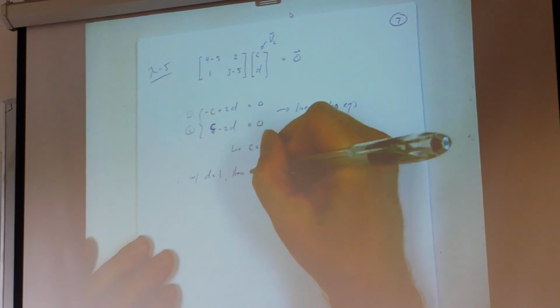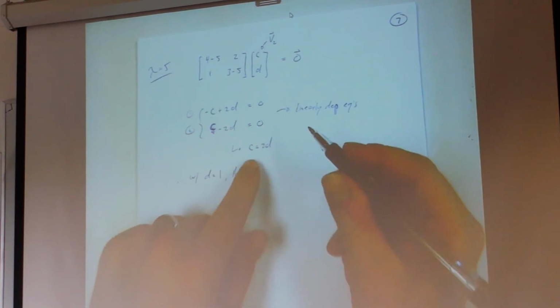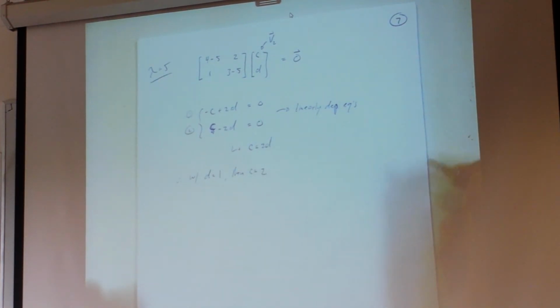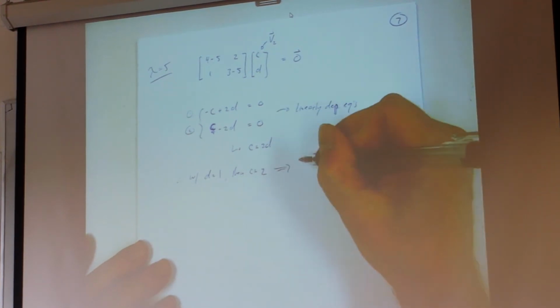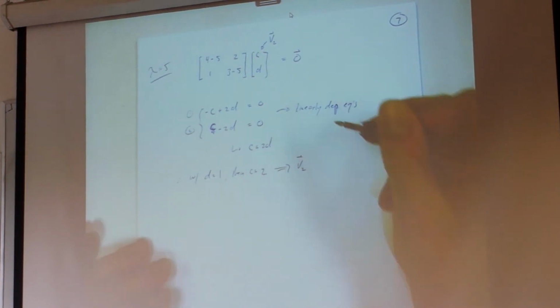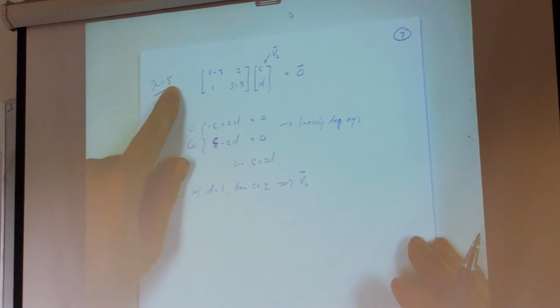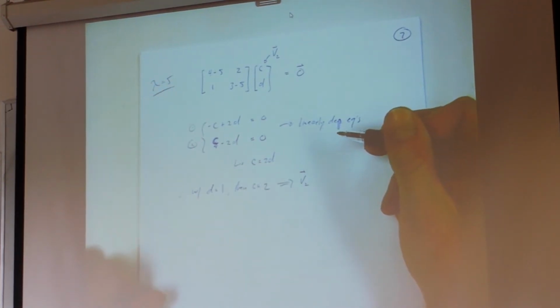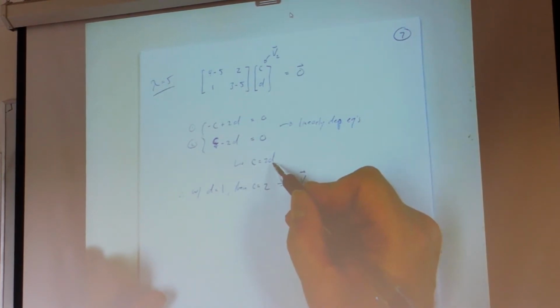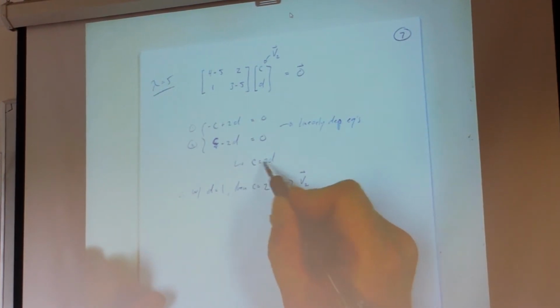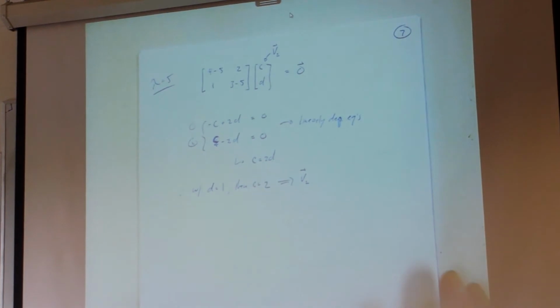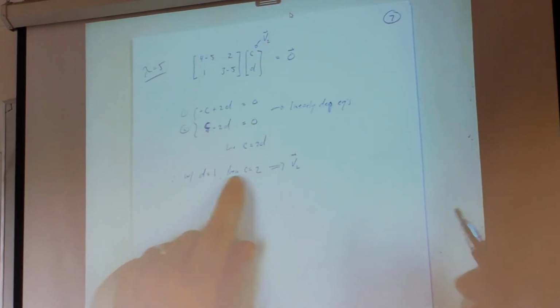Then C is 2 times that, so C would be equal to 2. So our eigenvector corresponding to the eigenvalue 5, I had it backwards: if D is 1, C is 2 times 1. So C, D would be 2, 1.